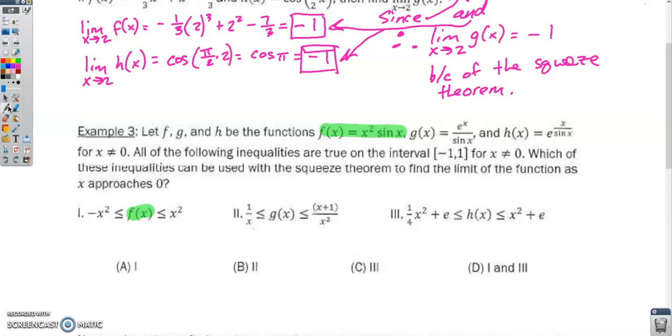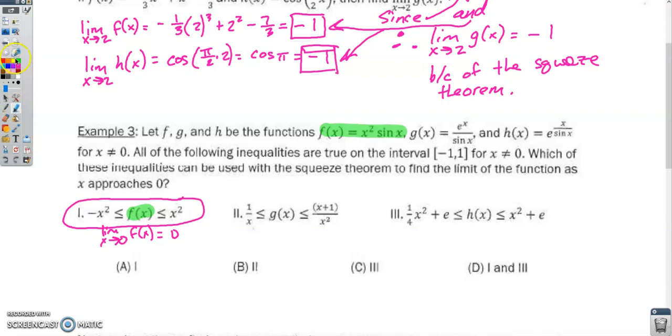If we take the limit as x goes to 0 of positive x squared, both of those are 0. And therefore, the limit as x approaches 0 of f of x, we know has to be equal to 0. So this inequality can be used with the squeeze theorem to find the limit of the function f of x.